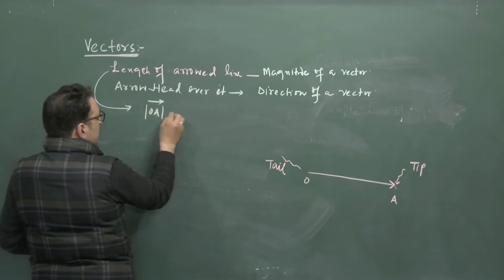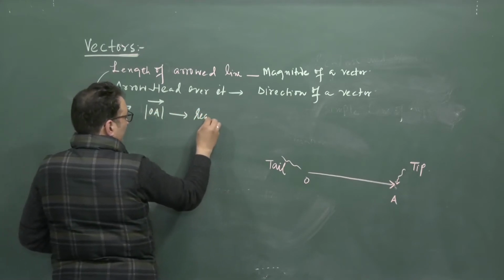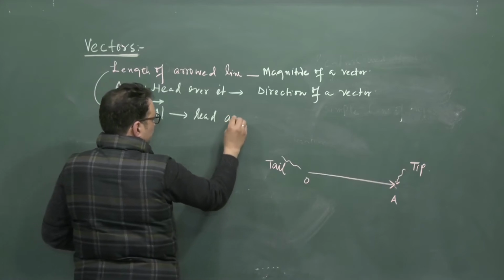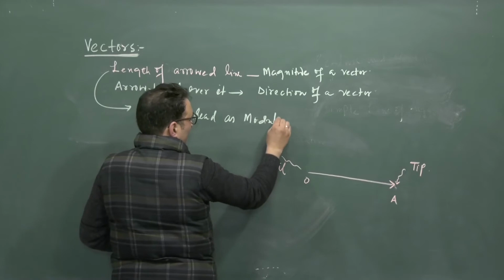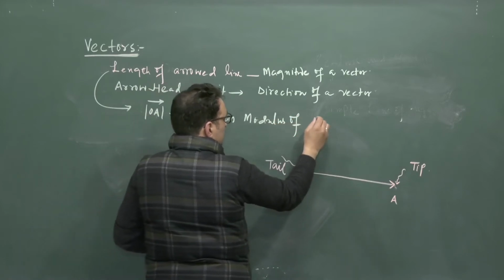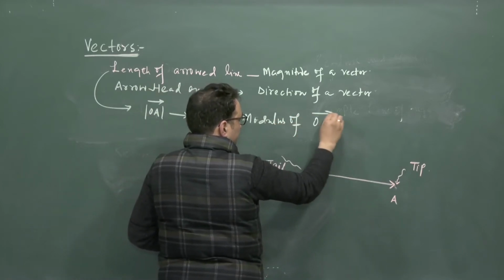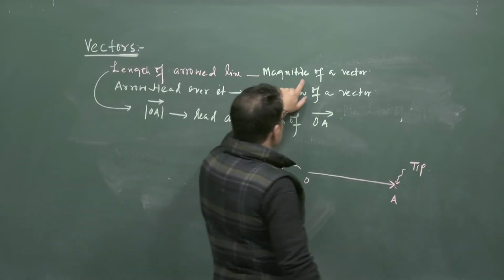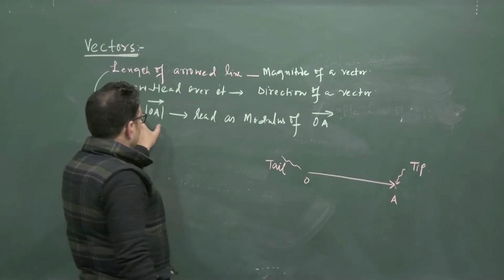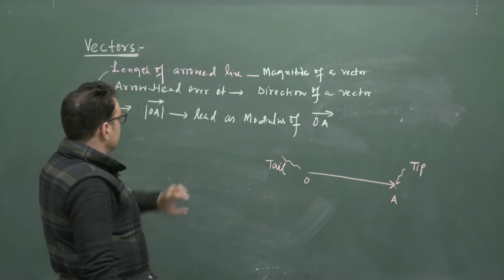And this is read as modulus of vector OA. This is the mathematical representation for the magnitude size of the vector. This is read as modulus of vector OA.